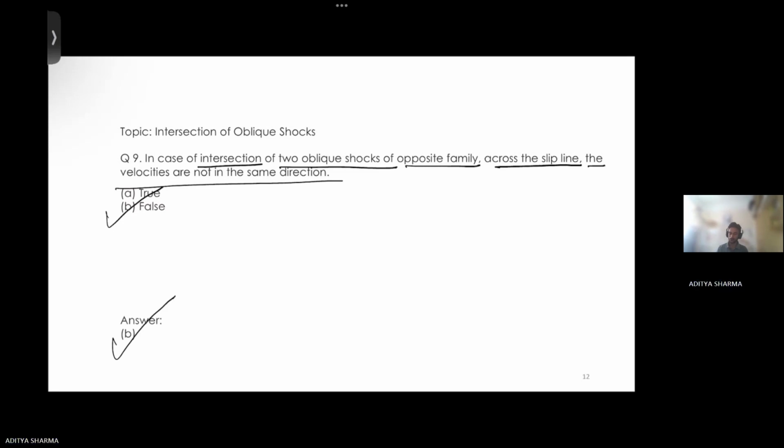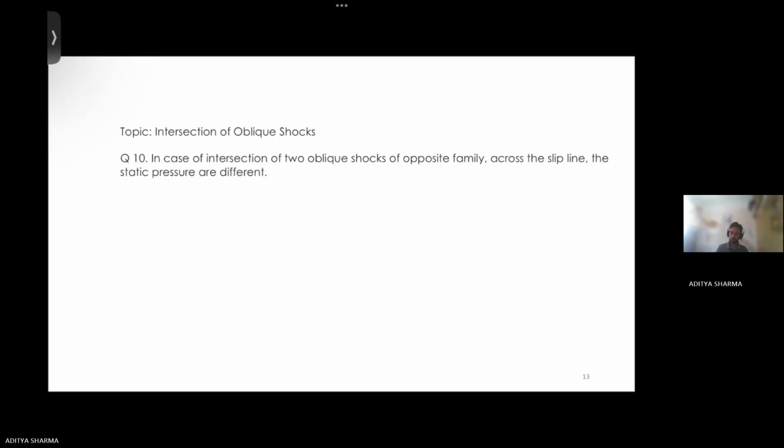Okay, so now let's see the next question. This question again is on intersection of oblique shocks, and this is question number 10.